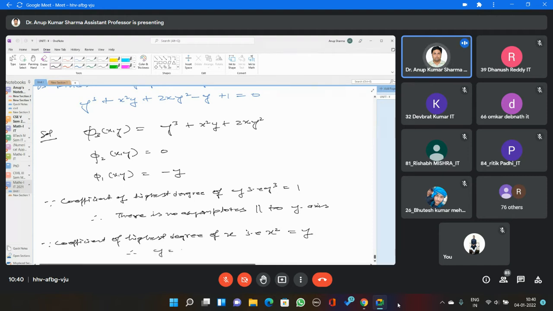Therefore y is equal to 0. Okay, that is, the x axis is an asymptote to the given curve.